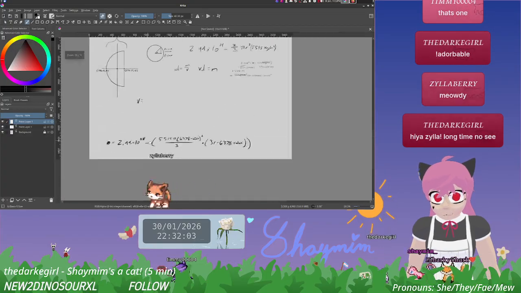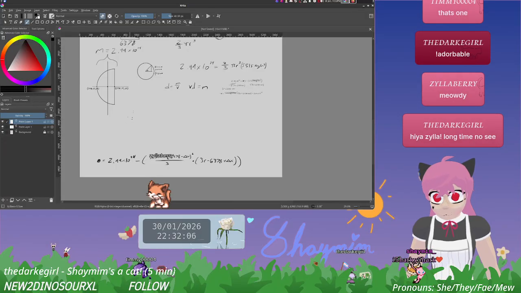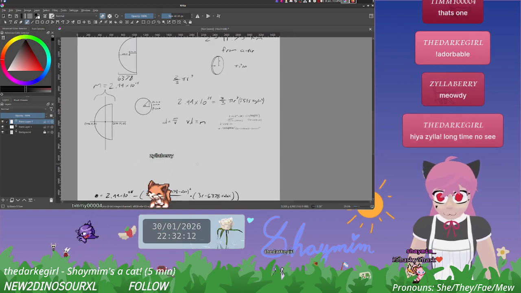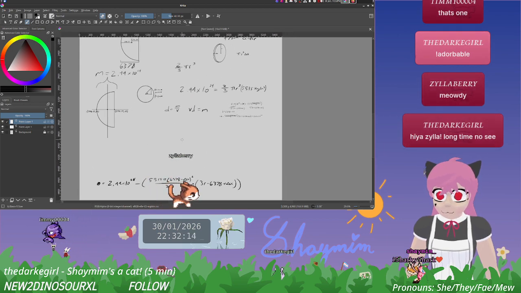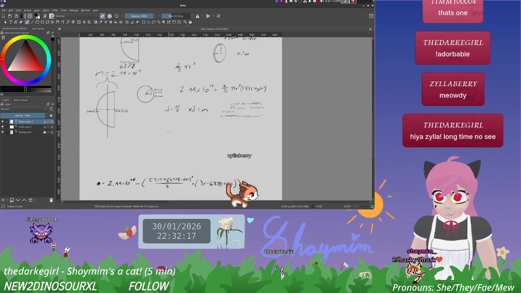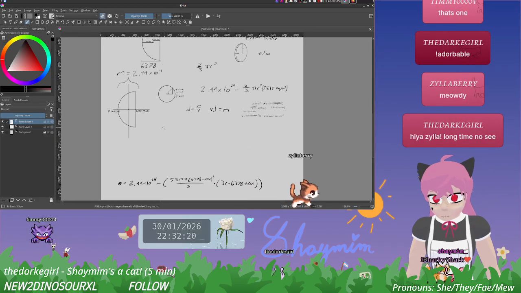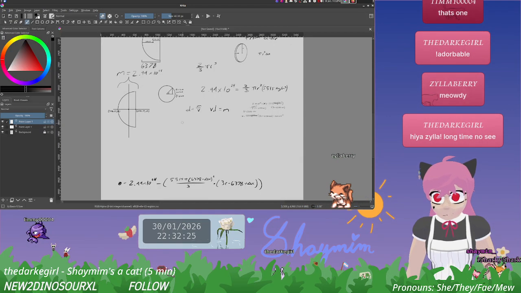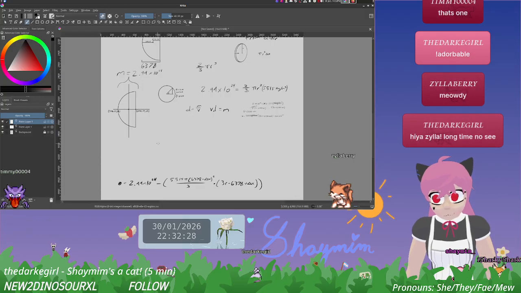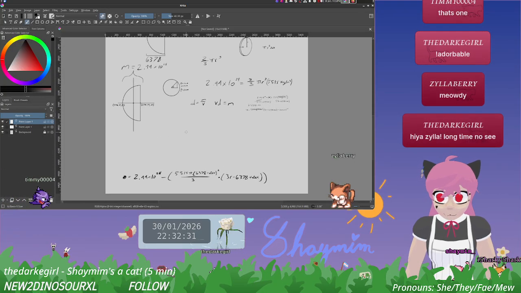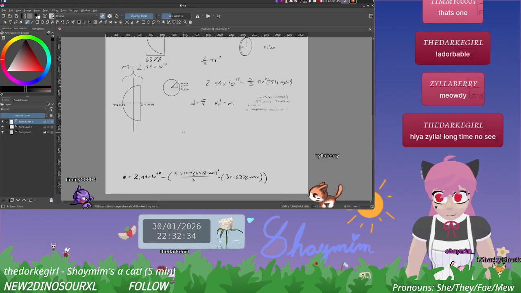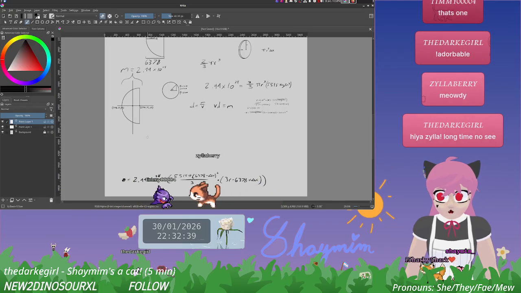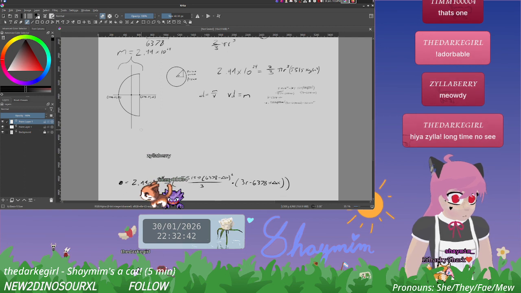So if we have our thing here, this is the volume of a particular slice of the hemisphere, right? And every slice is going to have a gravitational pull.